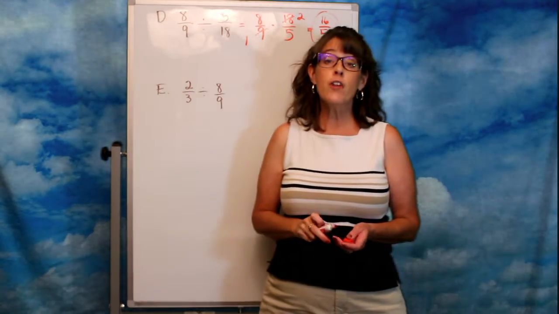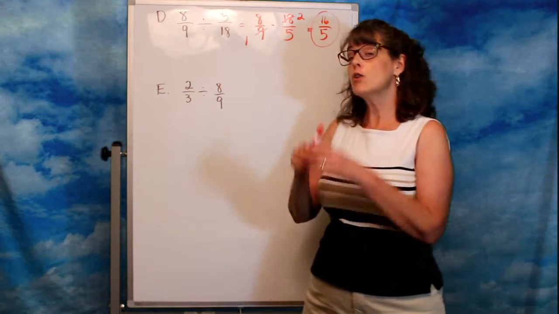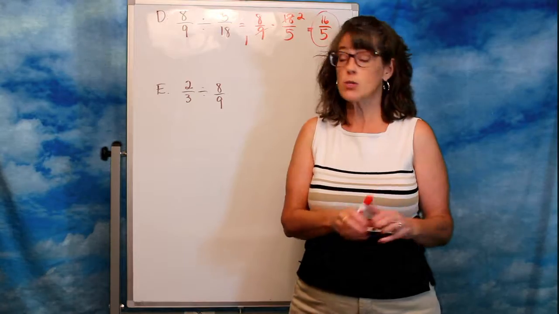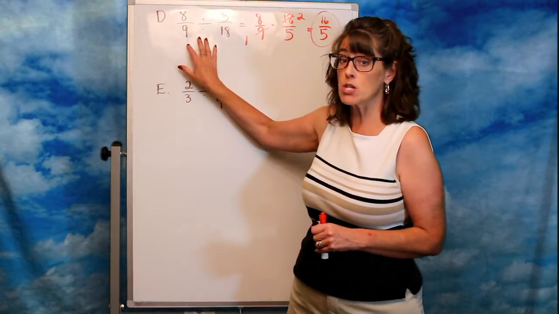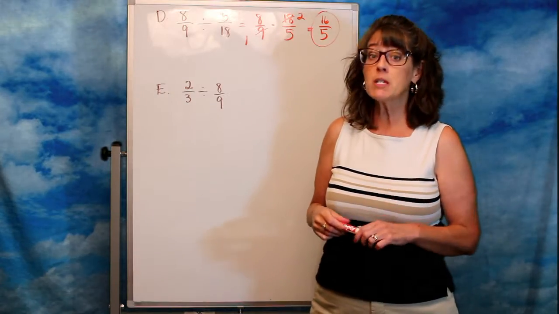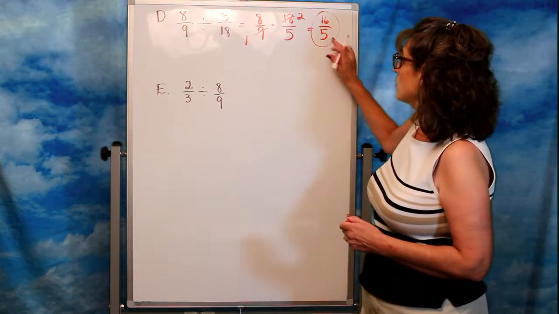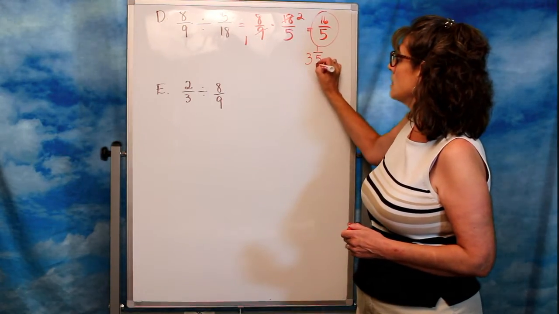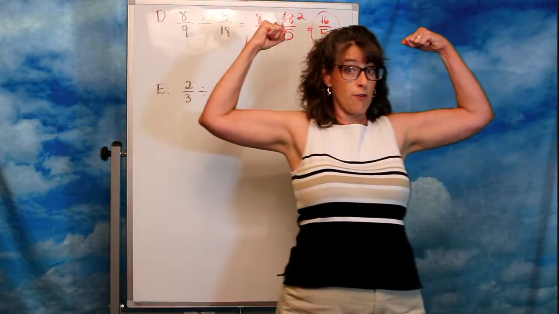Now, rule of thumb is, if you start with mixed numbers, you need to end with mixed numbers. If I would have started with mixed numbers here, I definitely would have needed to convert that to a mixed number. In order to convert it to a mixed number, I always divide up, and I would do 5 goes into 16 3 times with a remainder of 1, and I'm going to keep my denominator because it's the superhero of fractions.